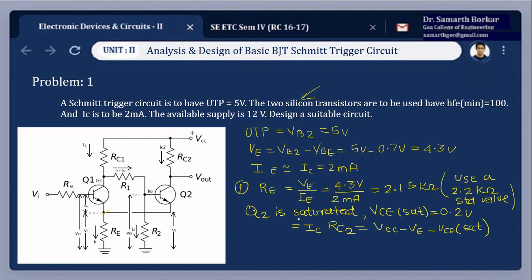Fine. So substitute the values: 12 volts minus 4.3 volts minus 0.2 volts. So the answer is 7.5 volts. This is the voltage drop across RC2. Hope this is clear to all.